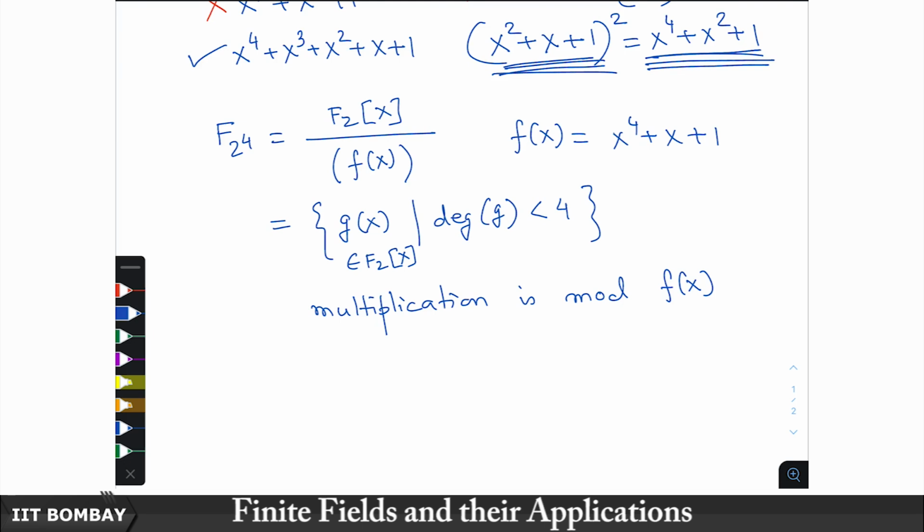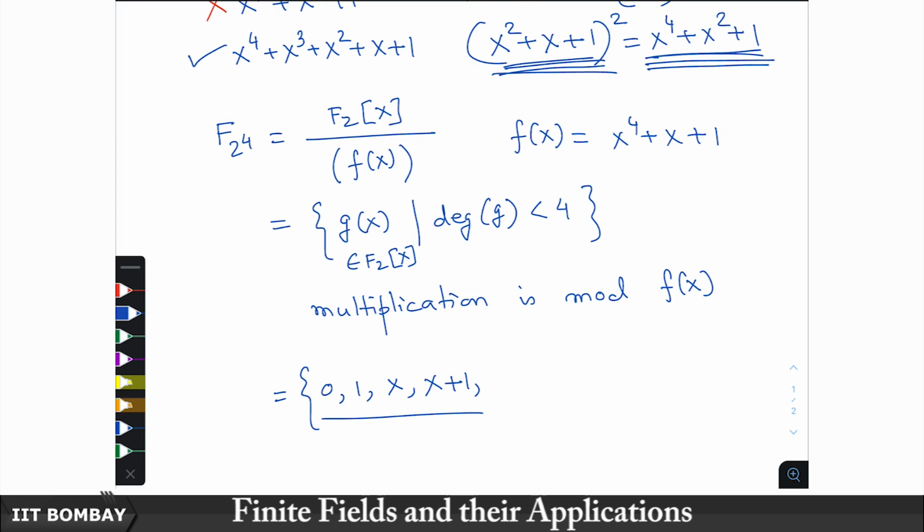For example, all binary polynomials of degree less than 4 are there in this. So, what are those polynomials? 0, 1, then degree 1 polynomials up to degree 3 polynomials. So, degree 1 polynomials are x, x + 1.